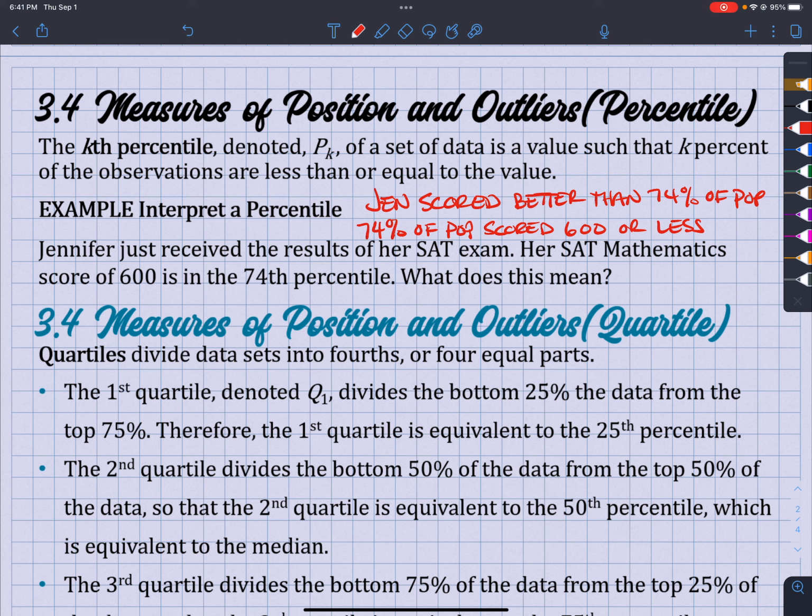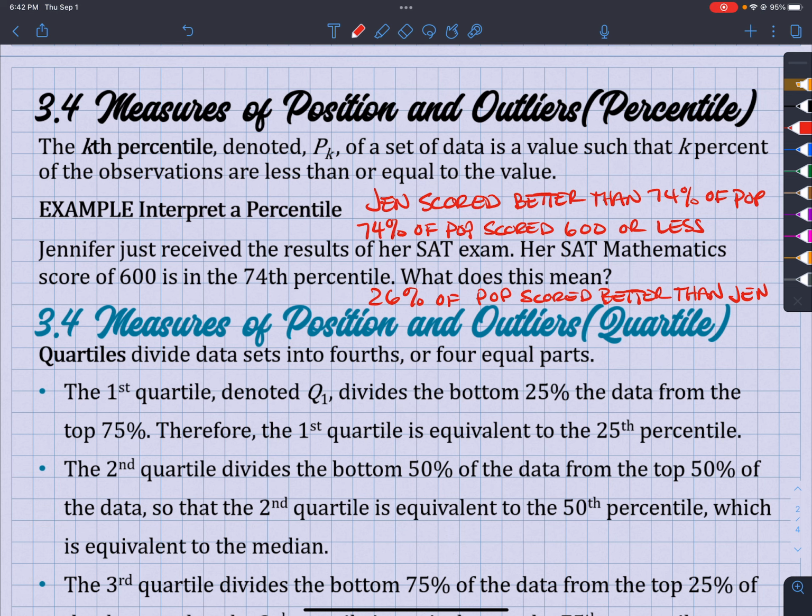And what does that mean? That means that 26%, right? 100 minus 74 is equal to 26. So I can say that 26% of the population scored better than Jennifer. Okay?